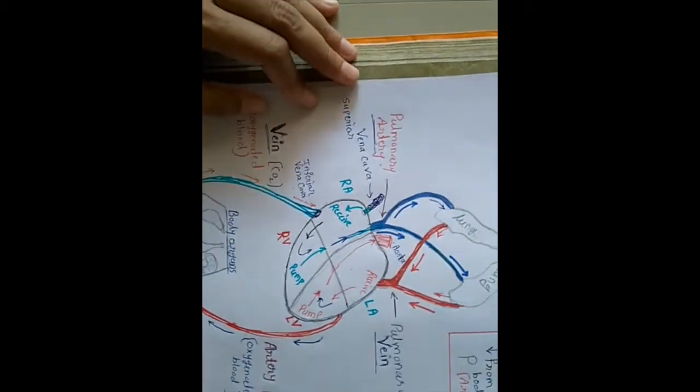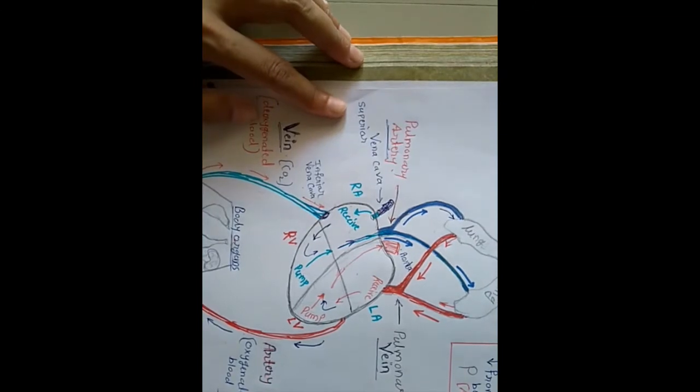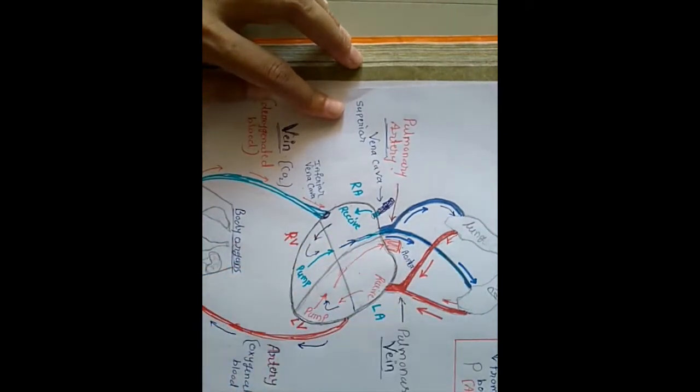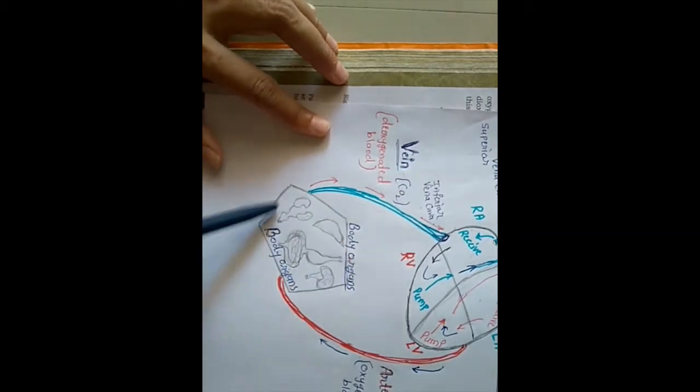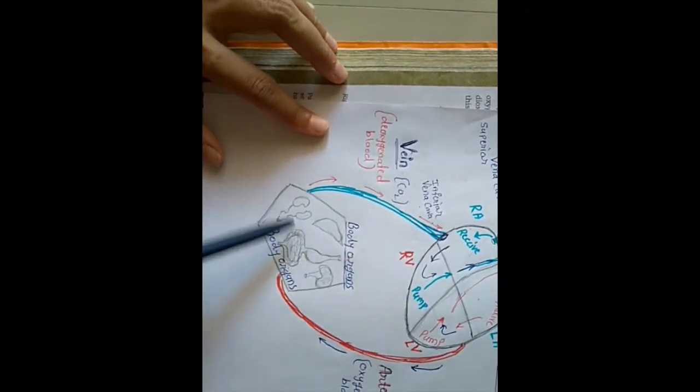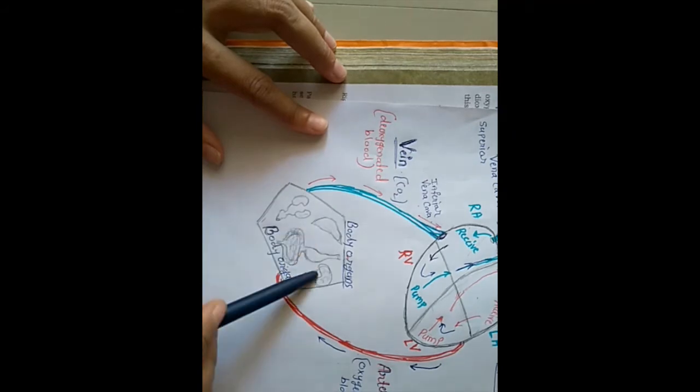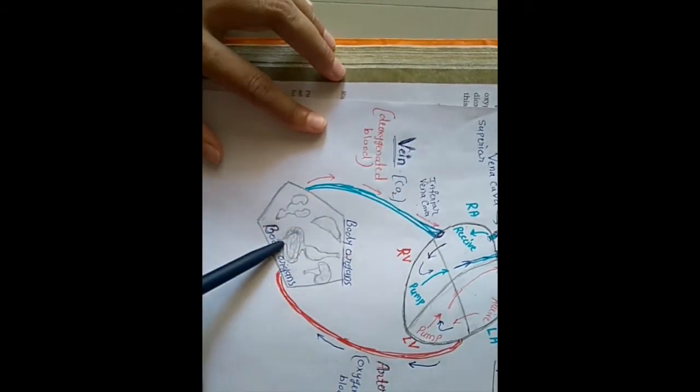So this is the simple diagram of the heart and blood circulatory system. Here I have assumed all body organs, upper side also and lower side also.